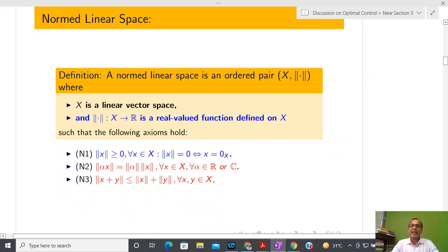Now inside that space, I don't know how to define the closeness. What we have seen is that suppose I have some kind of functional, and I have to talk about the extremization of this functional. Suppose this is a local maxima, then I have to check the neighboring points.